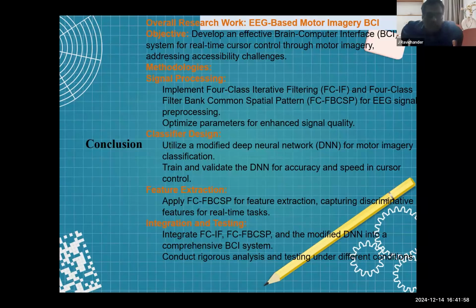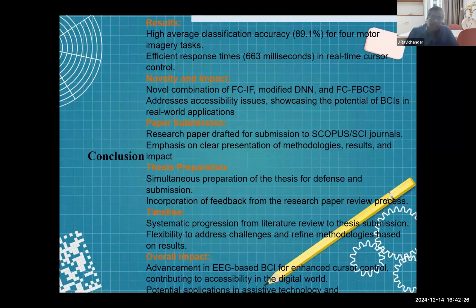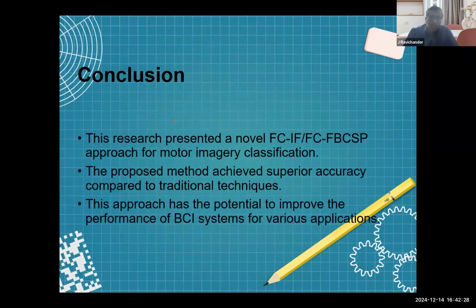Then coming to feature extraction, apply FBCSP for feature extraction, capturing discriminative features for real-time tasks. Integration and testing: we integrate the iterative filtering with the FBCSP and the modified DNN into a comprehensive BCI system. Here we used a deep neural network method, and we have obtained better results compared to the existing methods.